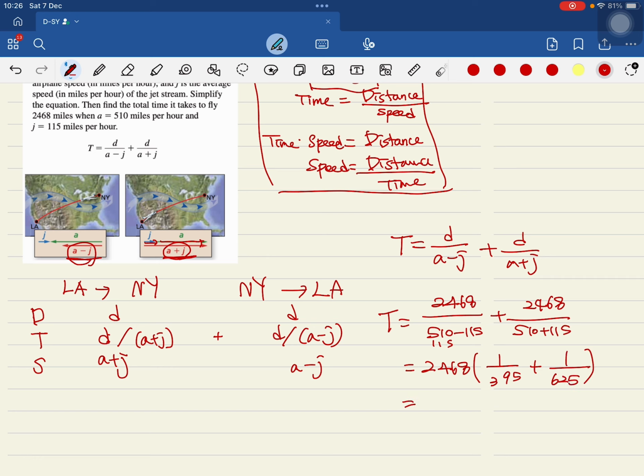In this case, 395 and 625. We can find the LCM, the least common multiple, to make it a little simpler.